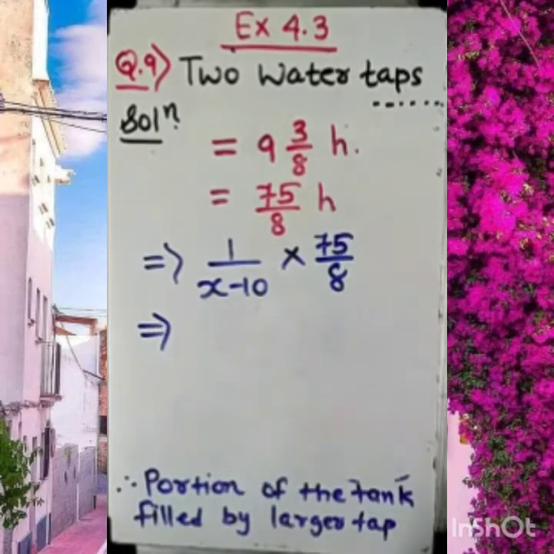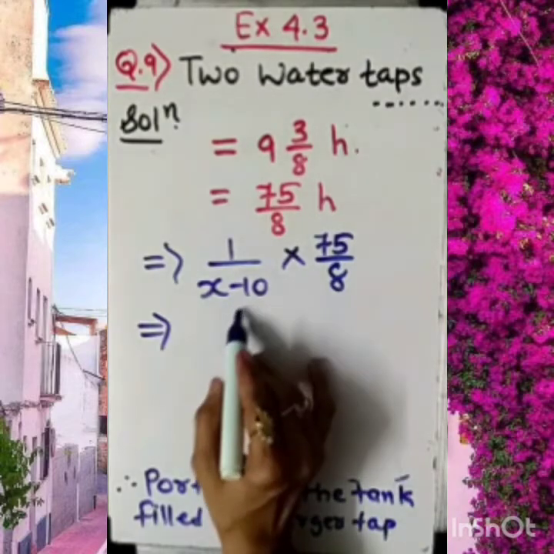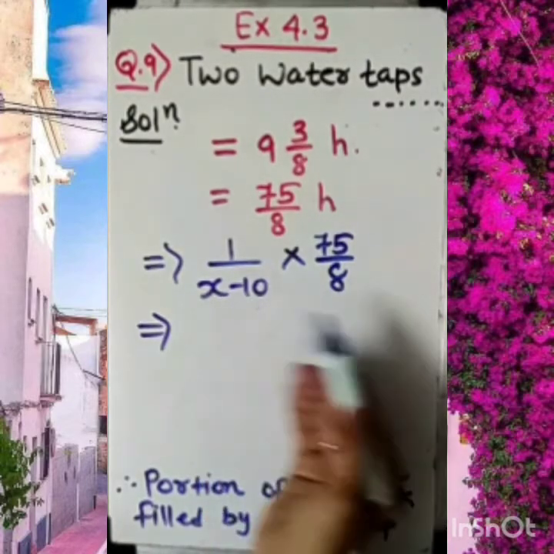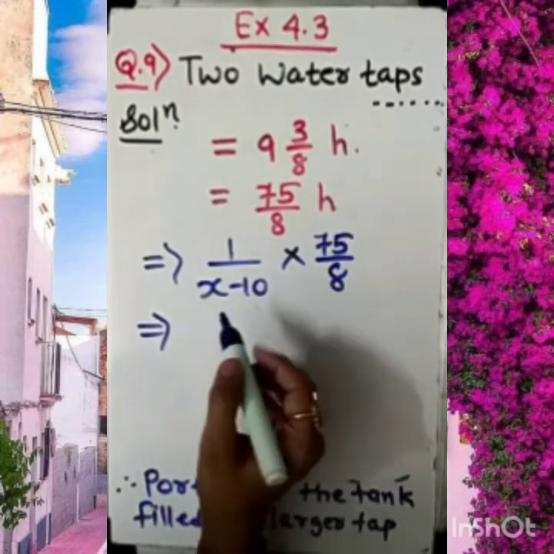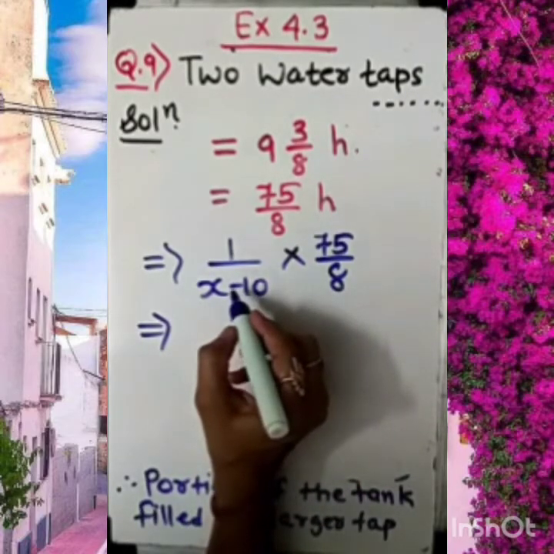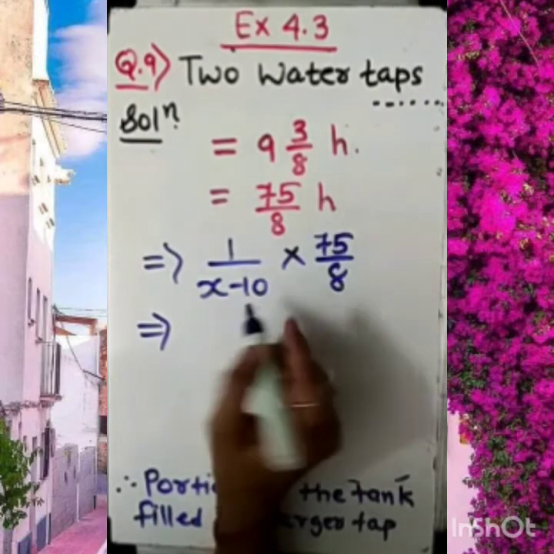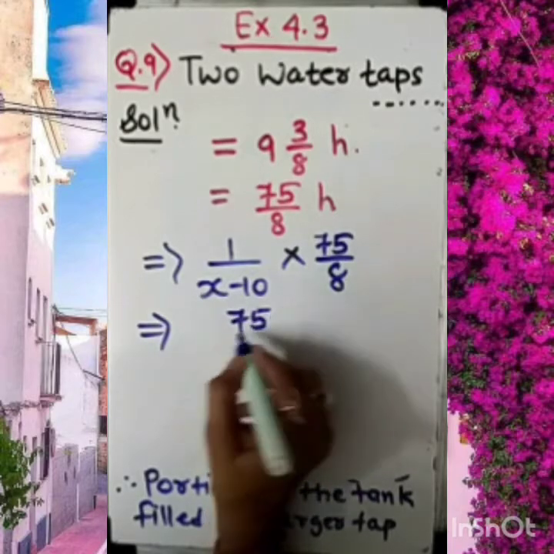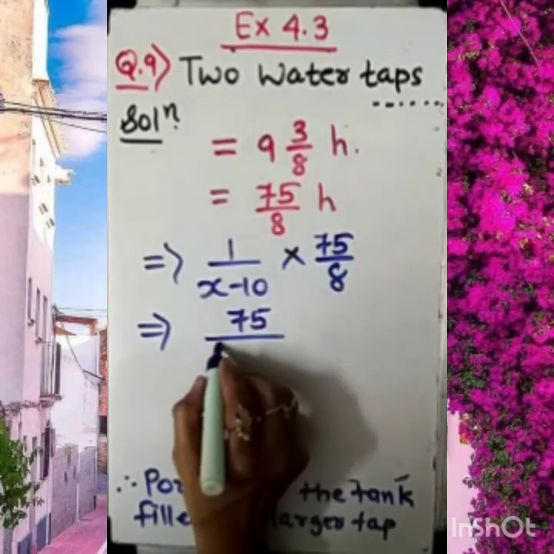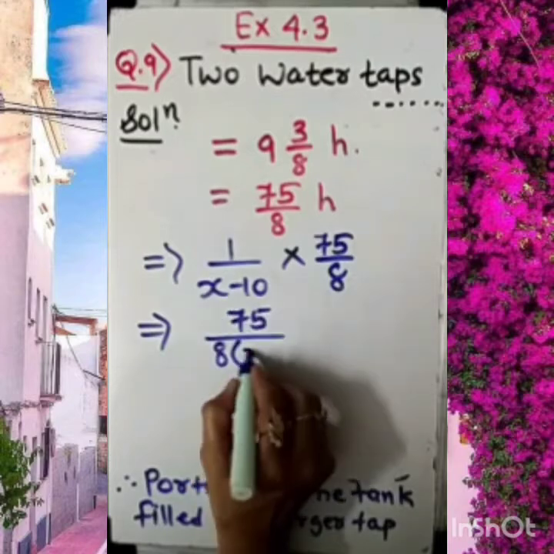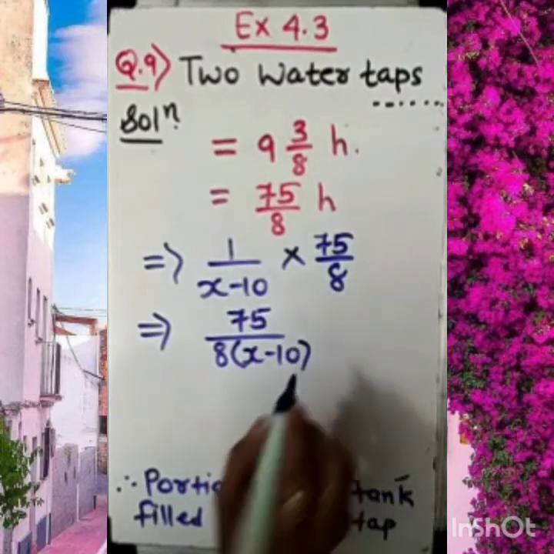It is actually a portion, a fractional part. So if we simplify, I should have here 75 by 8 and this much. So I need to write 75 in the numerator. No such cancellation is possible. 8 and in bracket X minus 10. So let it be as it is.